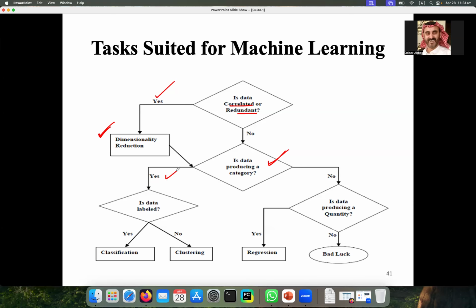If the category is yes, then you check another question: is your data labeled? Labeled means the output that you want is available in the data. If the answer is yes, then do the classification. If the output that you want is not available in the data, then go with the clustering. Clustering is unsupervised. This is supervised.